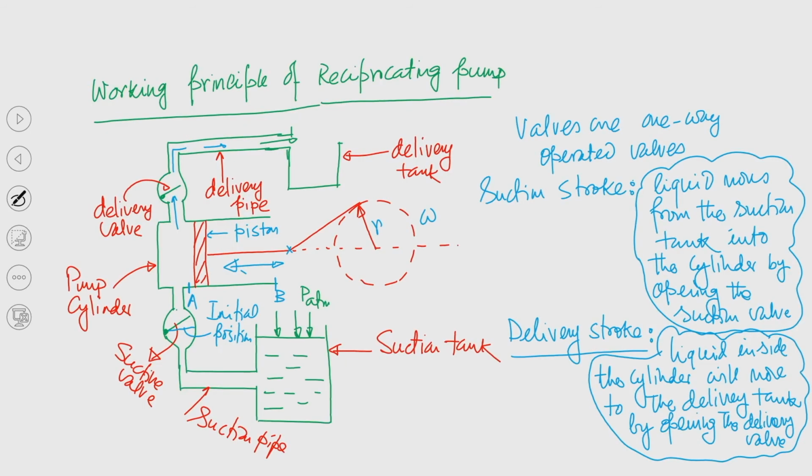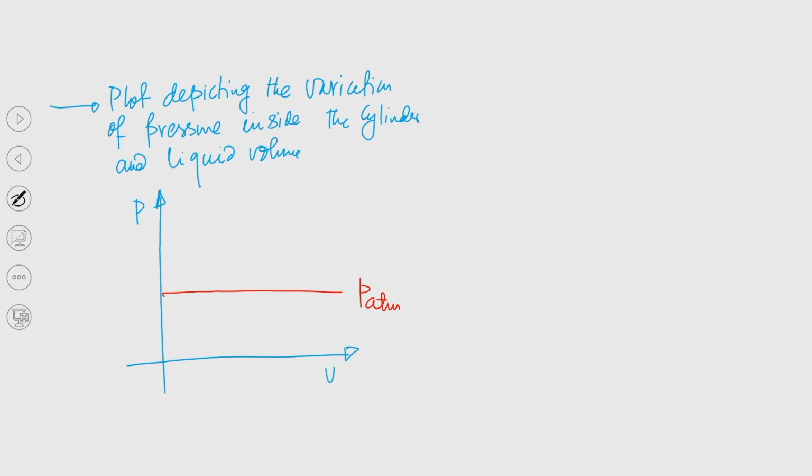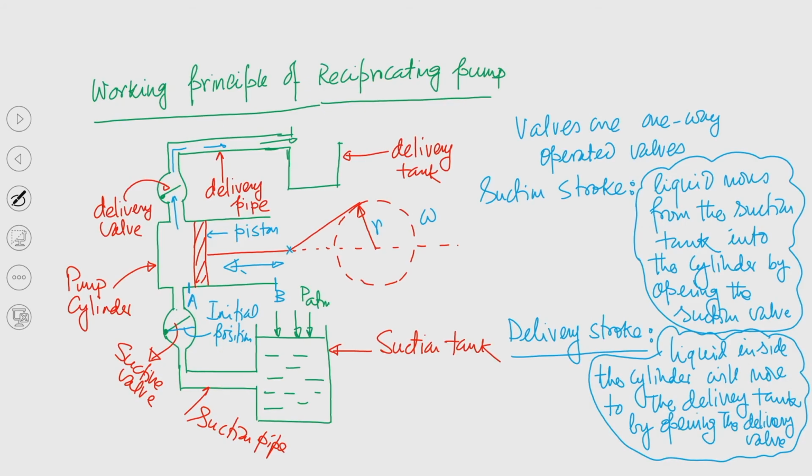Now, the question is, in the beginning of the suction stroke, pressure will slowly reduce from the atmospheric pressure, and if we say this is point 1, as the piston moves towards point B, pressure will be reduced more and more.